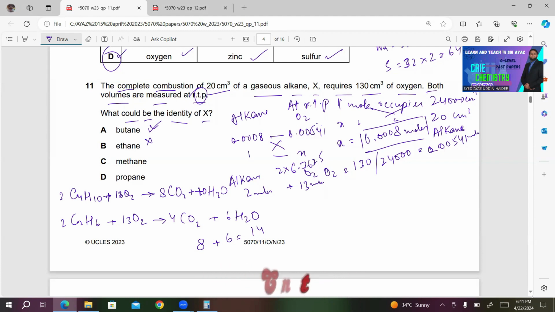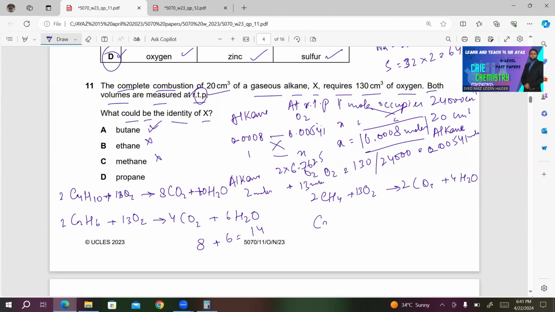So methane, CH4, this also seems incorrect to me. 13, 2 moles, CO2 plus H2O, carbon 2, hydrogen, 4 2s are 8, this is also incorrect.